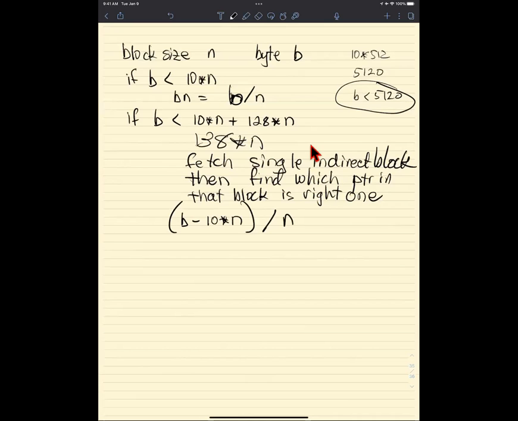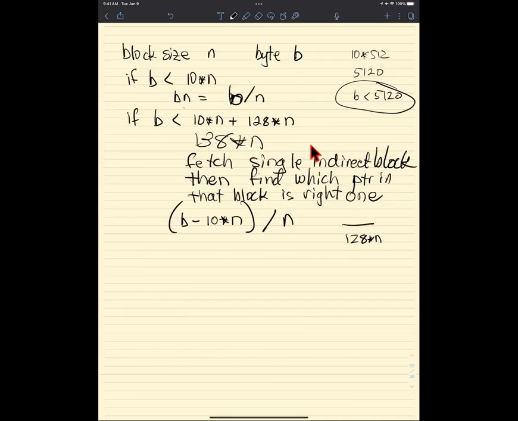Why do we not divide by 128 times n? Because if we're doing the math backwards, why do we not get rid of it? Because the math up there is if B is less than 10 times n plus 128 times n. I don't know if I'm just misunderstanding something.